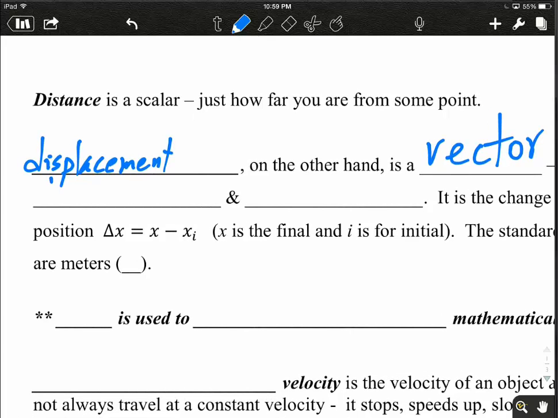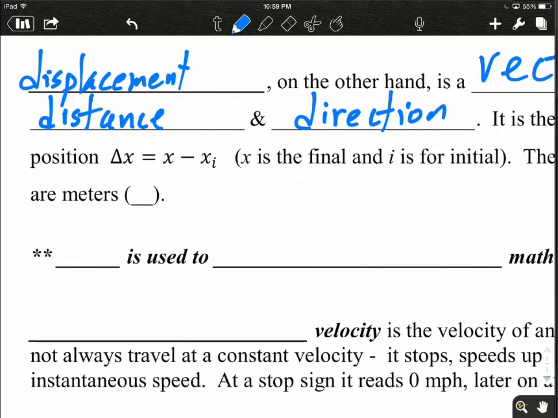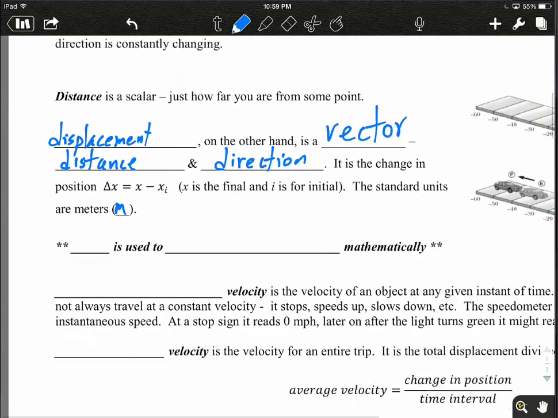Its magnitude is going to be the distance, but you have to add in that direction piece. So you traveled 30 meters north, or you traveled 45 meters down, or 13 meters to the right. There has to be some form of direction in there. And for us, we are going to use meters as the standard measurement.